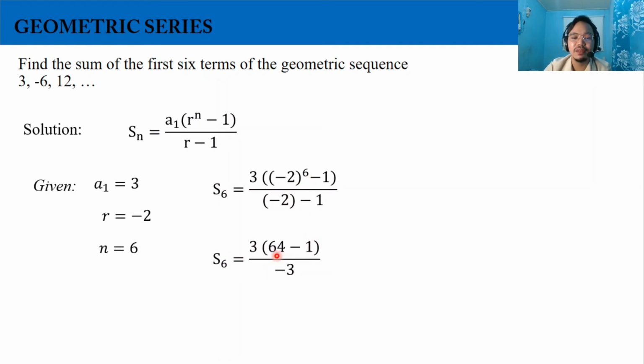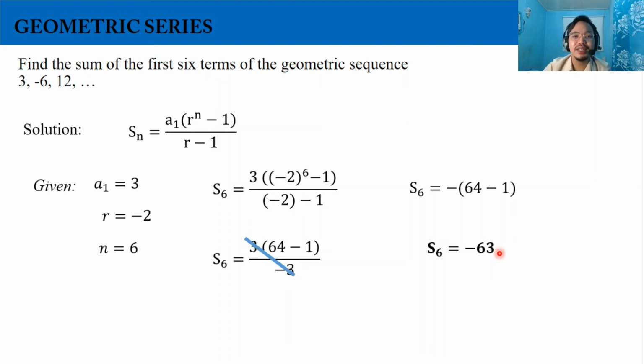So we have 64 minus 1 over negative 3, because negative 2 minus 1 is negative 3. So we can cancel this, so that becomes negative 1. And 64 minus 1 is 63. So the sum of the first 6 terms of the geometric sequence is negative 63.